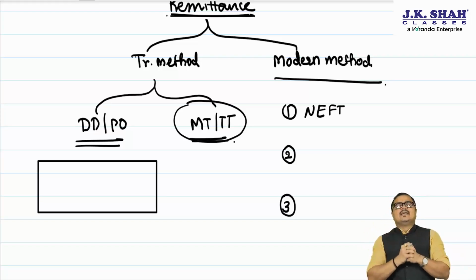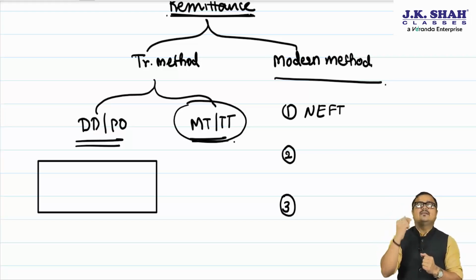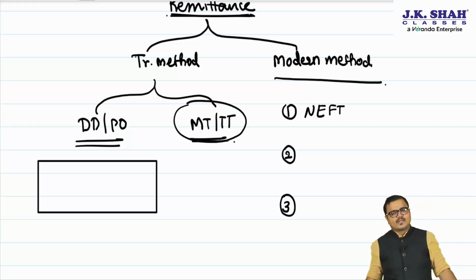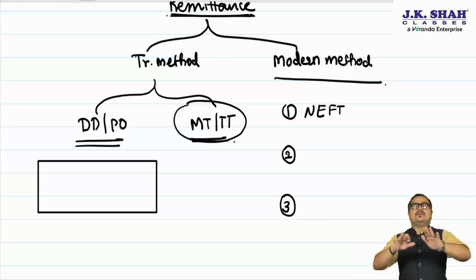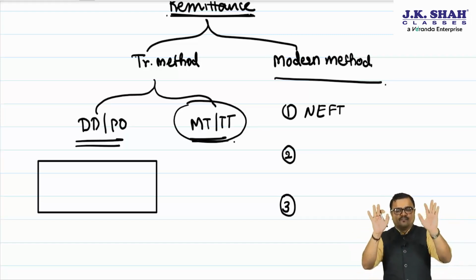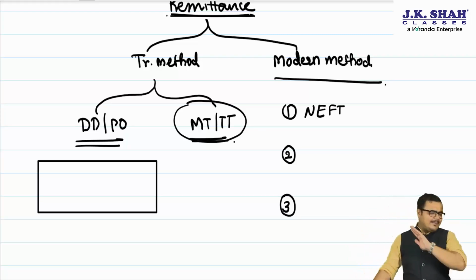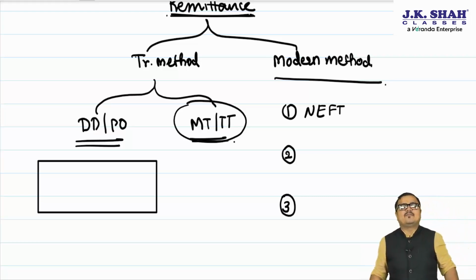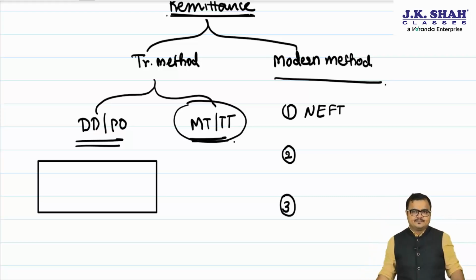So in this case, say for example, the first clearing is at 10:30, and if I made a payment to somebody at 10 o'clock, the person will get the funds credited at 10:30. So transactions get settled in the form of batches. That is called what? NEFT. But there is no minimum amount requirement. You can transfer even 1 rupee also.